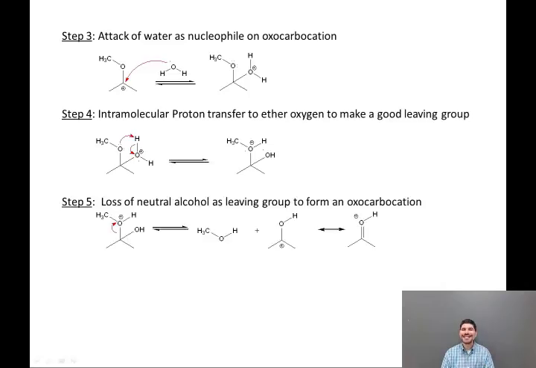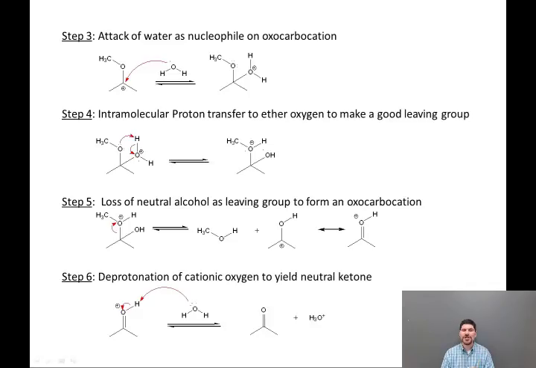Step 5 is loss of the neutral alcohol as a leaving group to form an oxocarbocation. And now we will work from the resonance structure that is the protonated carbonyl. Step 6 will be deprotonation of the cationic oxygen using water as the base to yield the neutral ketone.